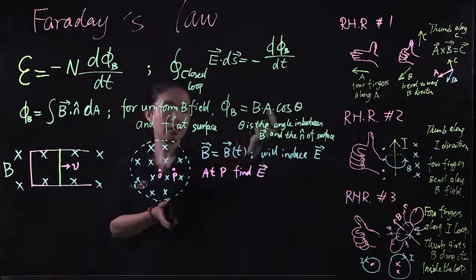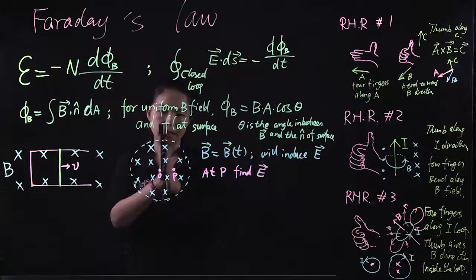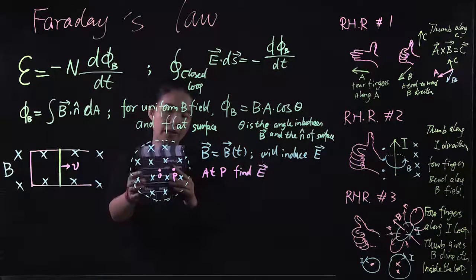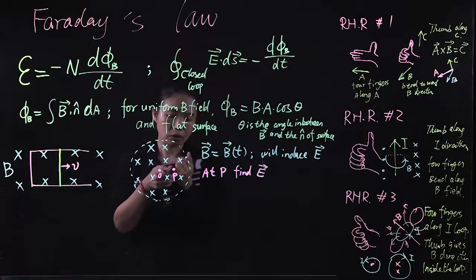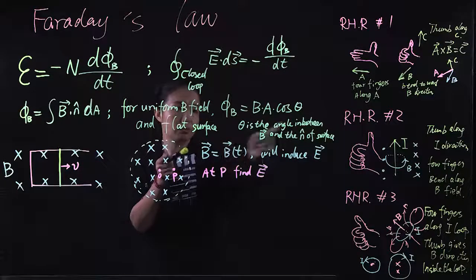In that case, cosine 90 degrees gives you 0. You have no flux if your B field is into the page and your surface is parallel to the B field. Or if you are at an angle, then you just use the cosine of the angle between your B field and the normal direction of your surface, and that's the angle theta here.